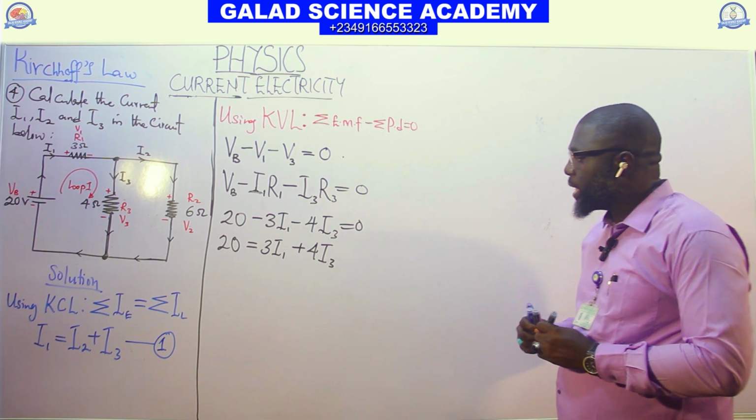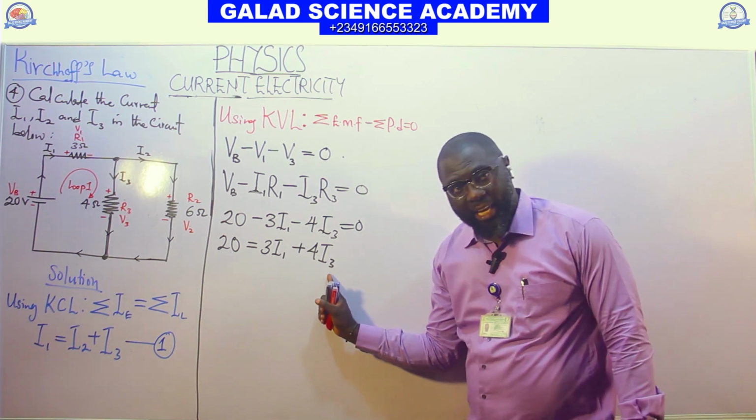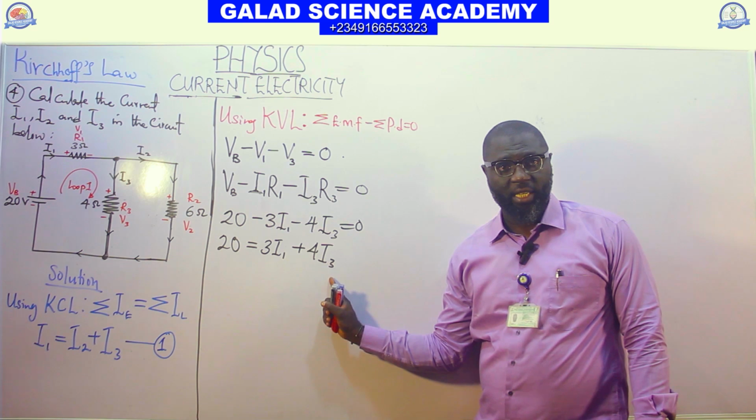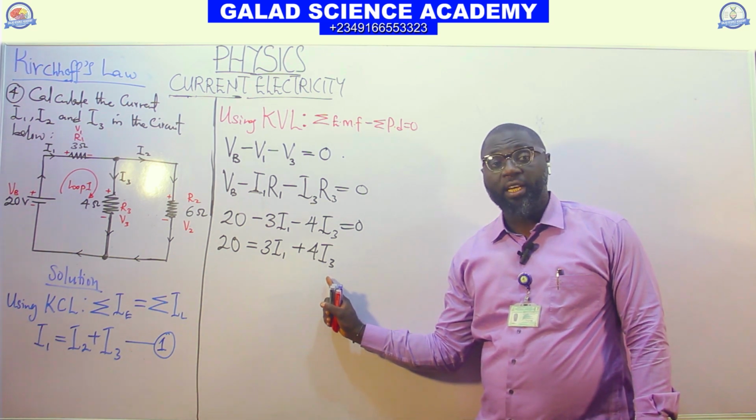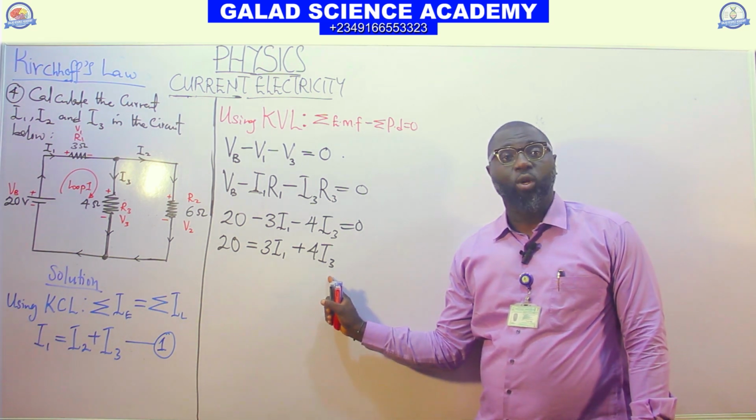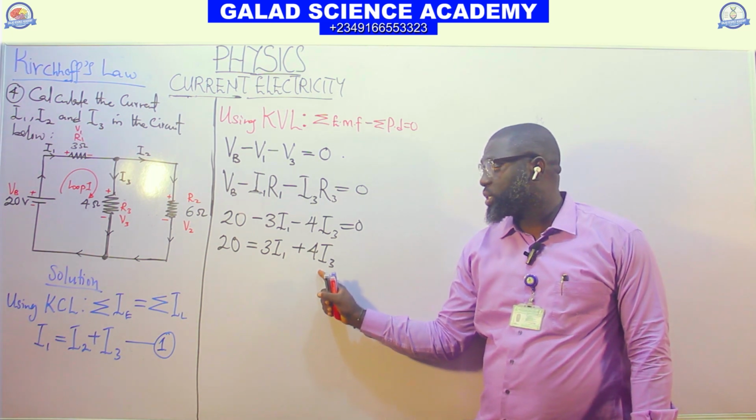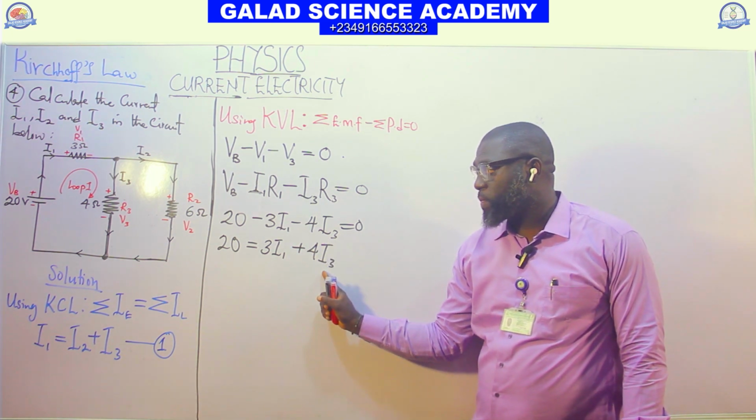But please, this I3, I want to eliminate it, to be in the form of I1 and I2.